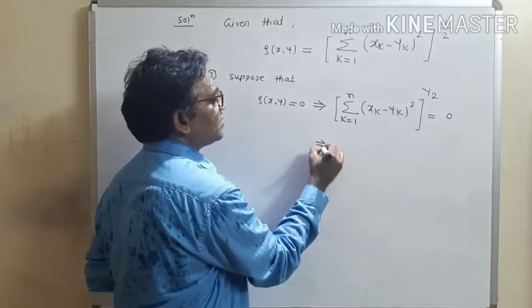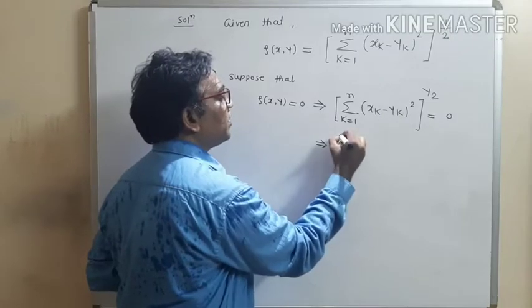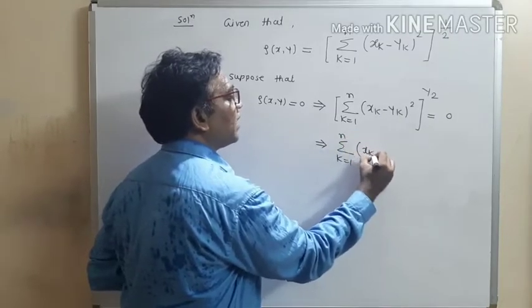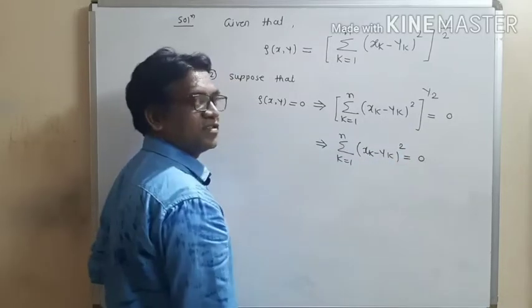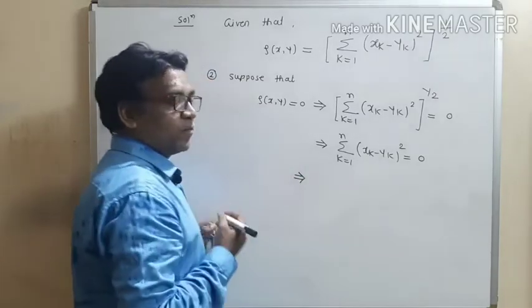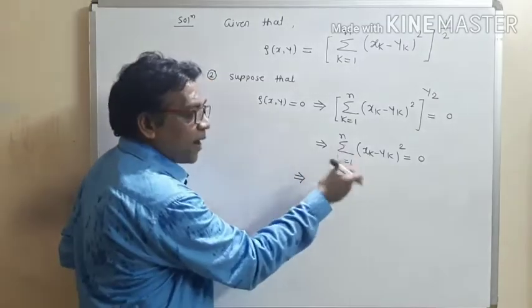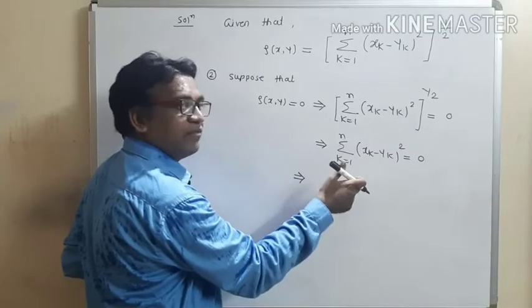So this implies summation k varies from 1 to n, (xk minus yk) whole square, equal to 0. Now expand this summation: put k is equal to 1, put k is equal to 2, up to n values.